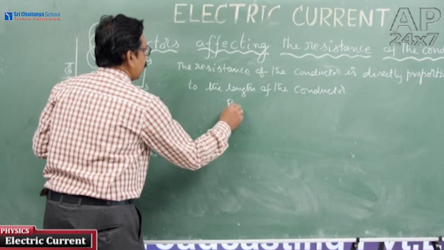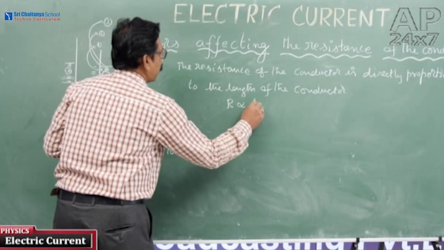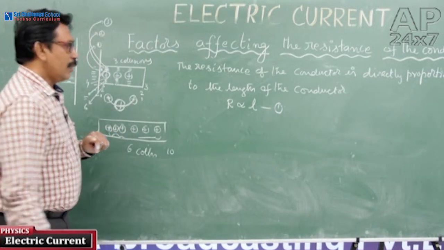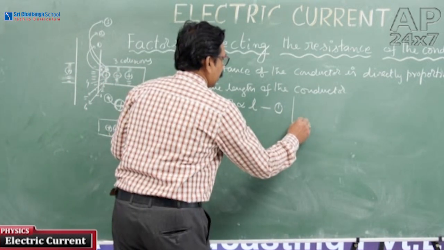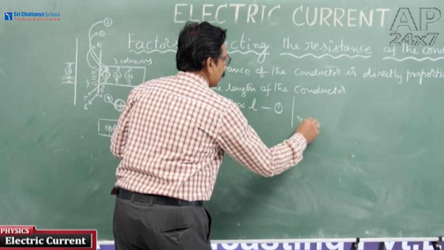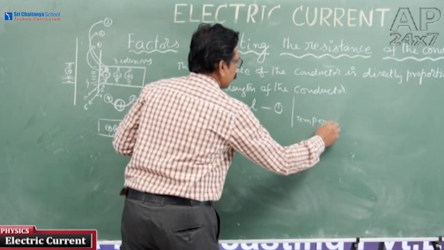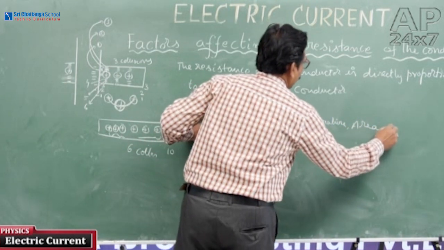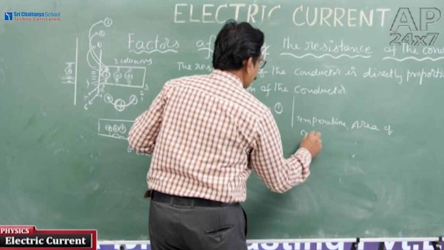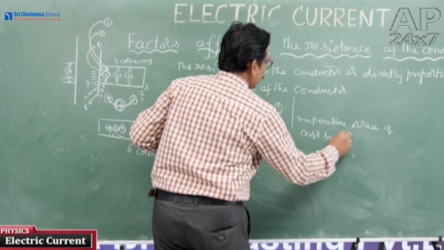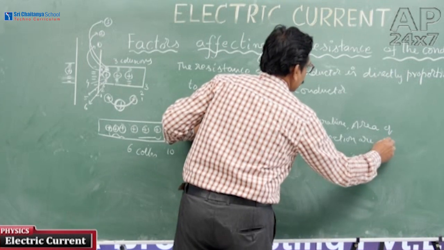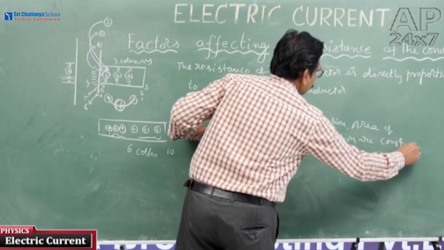So I can write this as R is directly proportional to length, equation number 1. Here, temperature and area of cross section are constant.